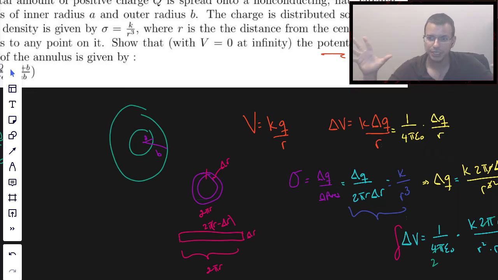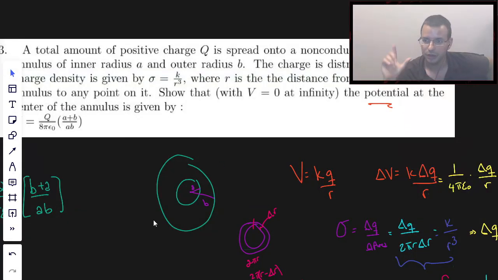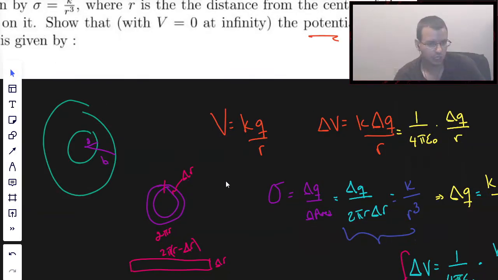All right, to recap what we did here, we wanted to find the voltage of this shape of a washer, a disk minus disk. And to do that, we started with the idea of the voltage for a point charge. Voltage equals KQ over R. And when we have a circle like this, it's also going to be the voltage for a circle or a sphere.